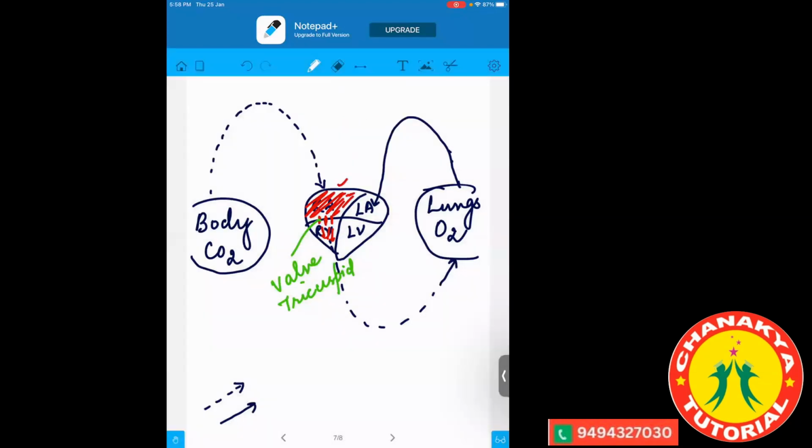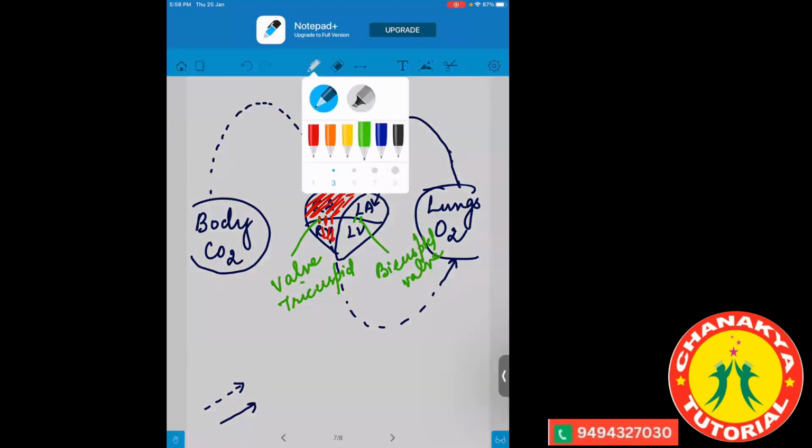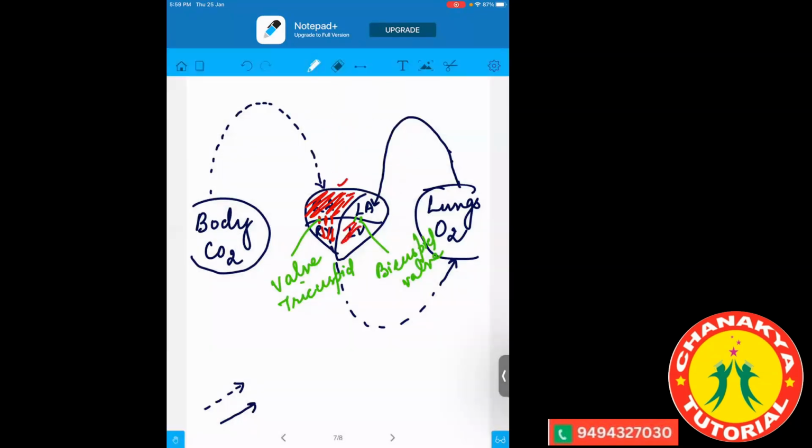Now, how does it go to the left ventricle? Because it has another valve here called the bicuspid valve. Whatever blood was in the left auricle, once it gets full, because of the pressure the valve gets open and the blood goes to the left ventricle.